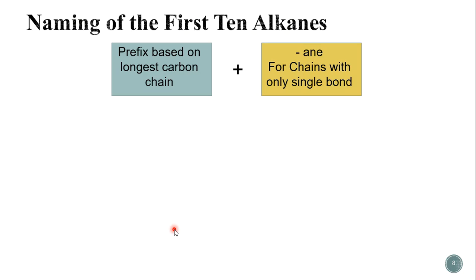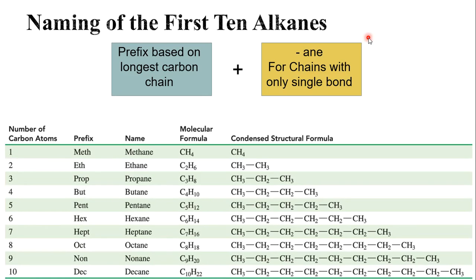Okay. So now that we are starting to see them and understand them, we're going to talk about naming them. As I alluded to, as long as there's single bonds only, it will always end in A-N-E. And the prefix to the A-N-E will be dictated by the number of carbons in that chain. So here's a table from your textbook that will help you with that.